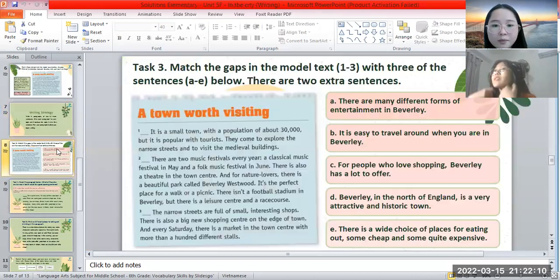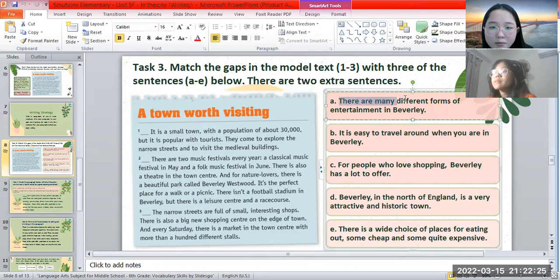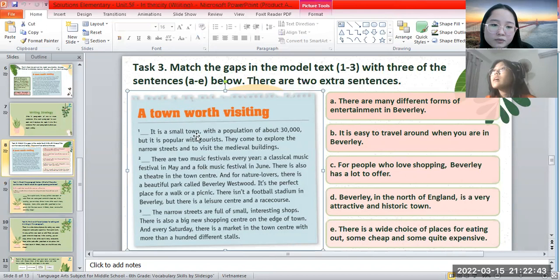Okay, in this task, you are going to match the gaps. We have 3 gaps here, from number 1 to number 3, with sentences from A to E. So you have to choose 3 of the 5 sentences and match them into the 3 gaps here.